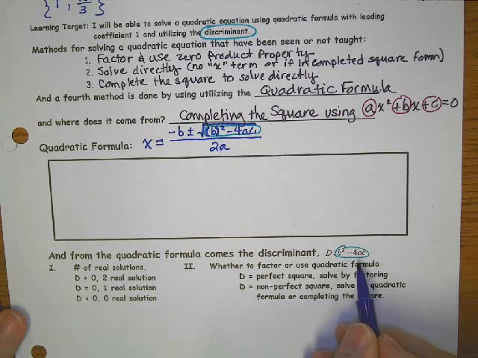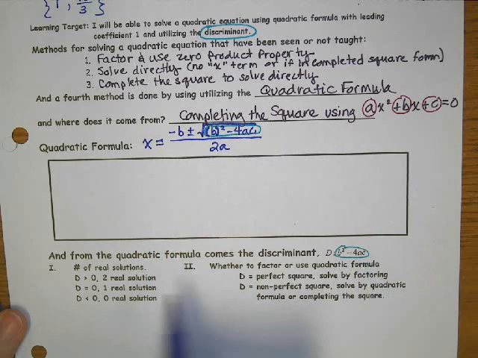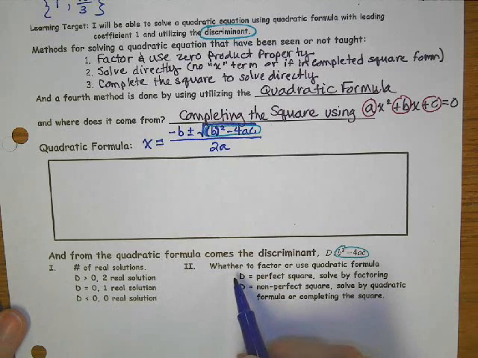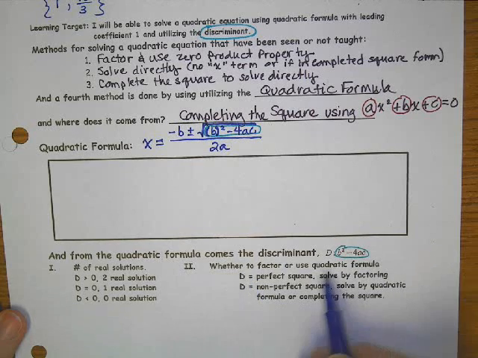So what that b squared minus 4ac tells us is, first of all, the number of solutions and whether they're real or non-real. And it'll also tell you whether or not you were able to factor the original quadratic as opposed to having to continue with the quadratic formula.